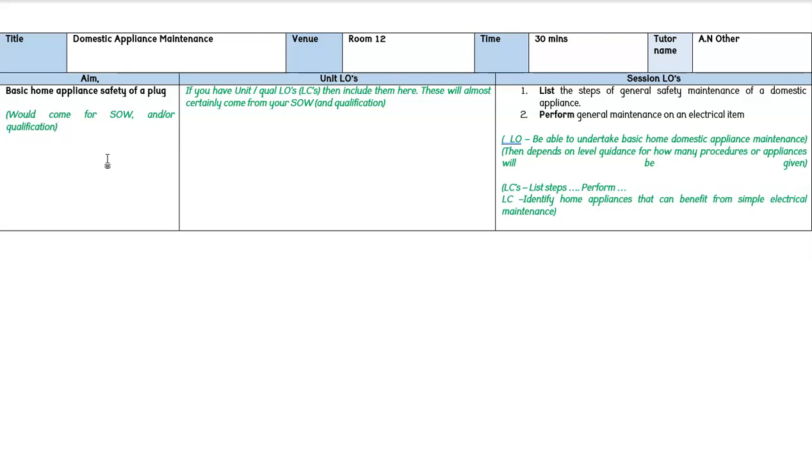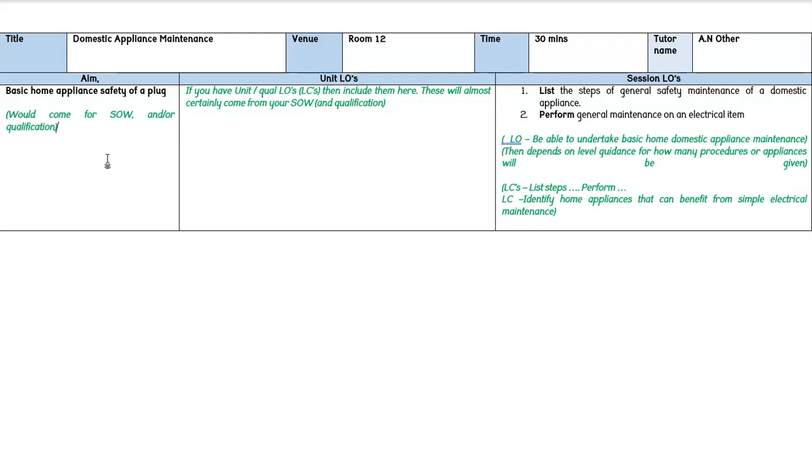Now unit LOs. Obviously this is a micro teach, so I'm not taking my LOs or learning criteria from somewhere else. LOs being learning outcomes, learning objectives, learning objects, and you'll find that sometimes they mean the same thing, and sometimes people think they mean different things.